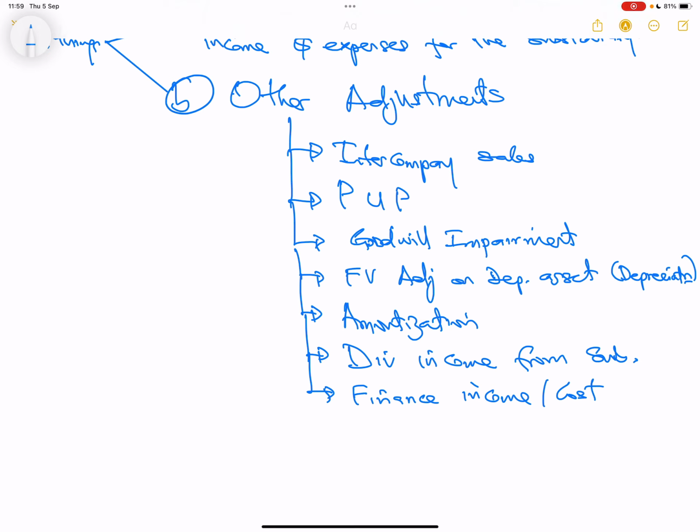So this is just a group of adjustments you will likely face. I don't think it's going to go beyond this. If you know how to treat each of these items, you will be very comfortable here. This is more straightforward than the statement of financial position. Just follow these steps and it will be quite easy for you.